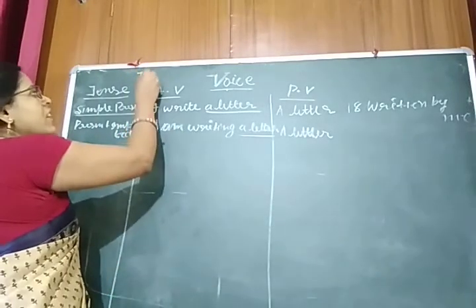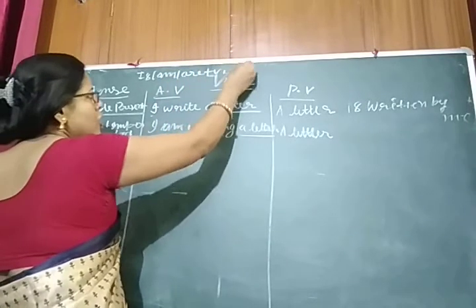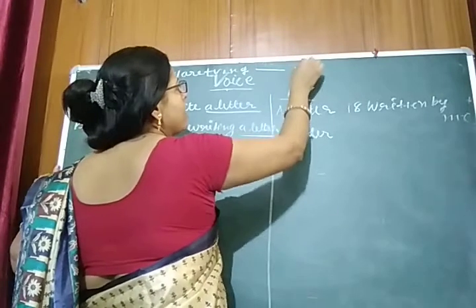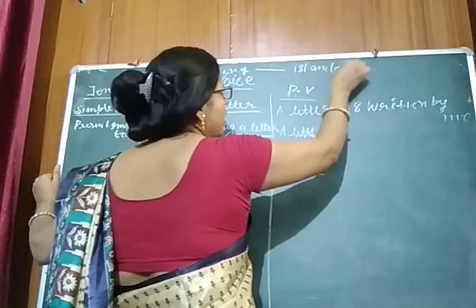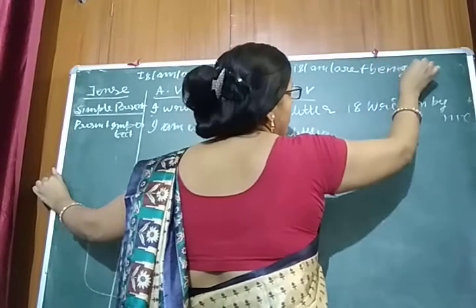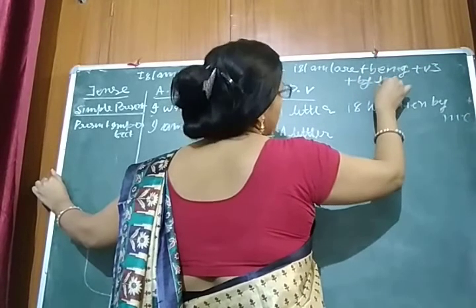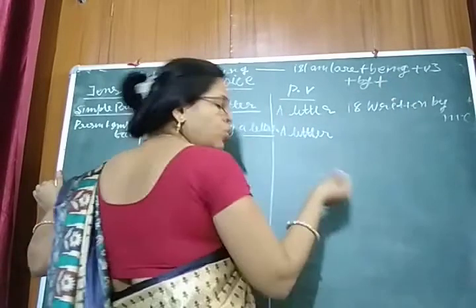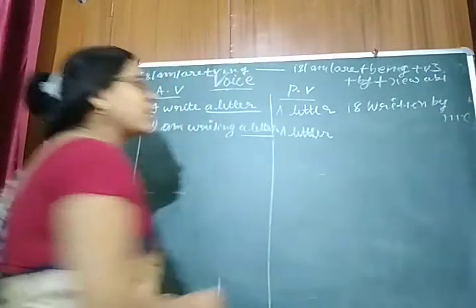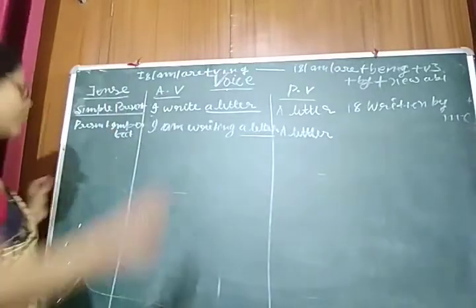If you are getting is, am, are plus V-ing in any active voice, then it will become is, am, are plus being, plus V3, plus by, plus the new object. What is the new object? After making the change, like I becomes what? Me. So that we will write here.